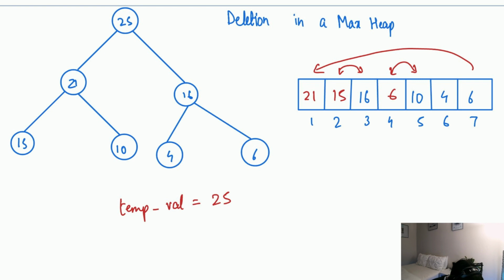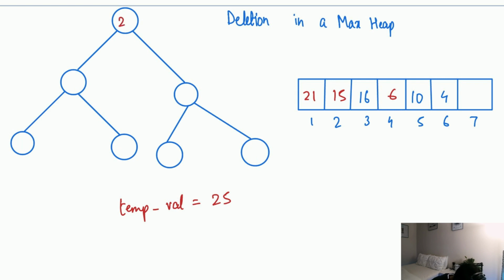Now again, we check if this position contains children nodes, which is 4 into 2. It does not contain any children nodes, so we do not compare it, and we consider this heap a maximum heap. Let's try to understand if this is correct by reordering our tree.